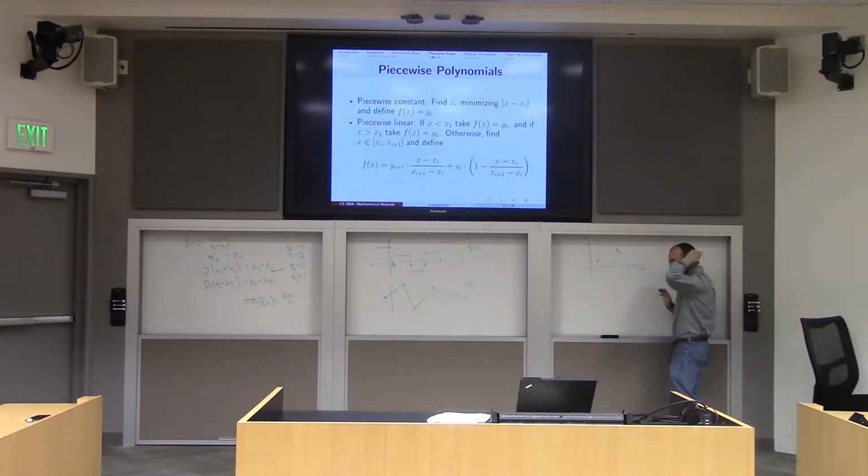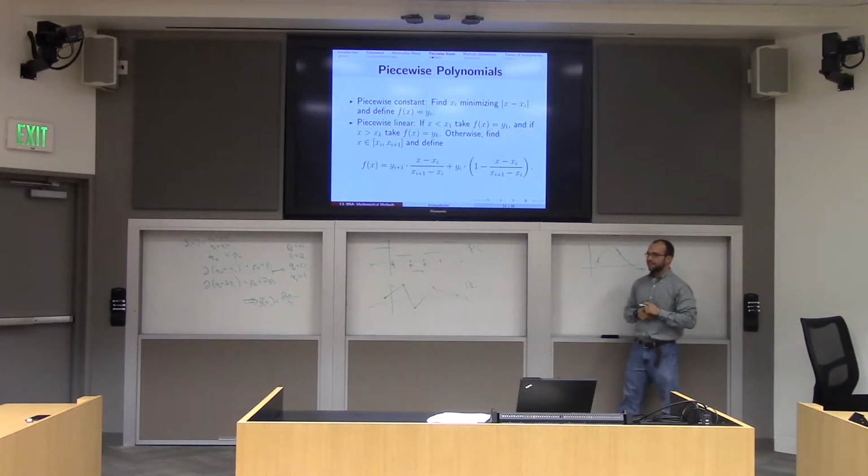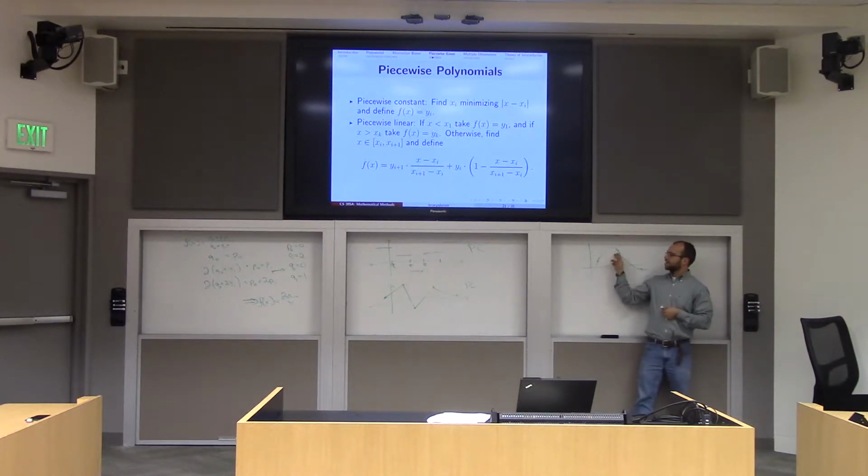And you can find a parabola through each of these segments, that goes through these points and has the proper slope, so that they match up like that, and so on. By the way, these piecewise quadratic things are still only C1. They have continuous first derivatives, but their second derivatives change at each of the joints.